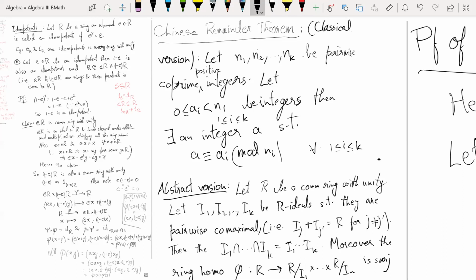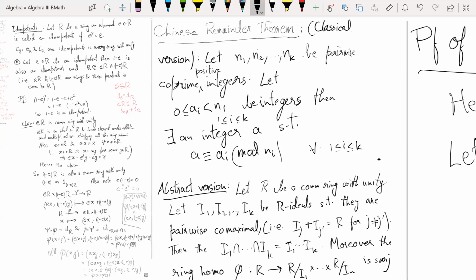If you add to a a product of these ni's, then that will also be a solution to this equation. But that is the trivial part. The non-trivial part is that you can find an a such that a is congruent to ai mod ni for all i in 1 to k.